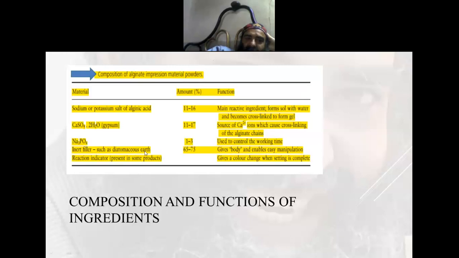Diatomaceous earth is a filler, and it is 65 to 75%. As all fillers do, it provides body to the material and enables easy manipulation. Then the reaction indicator may be present in some products, not in all products, and it gives a color change when setting is complete.